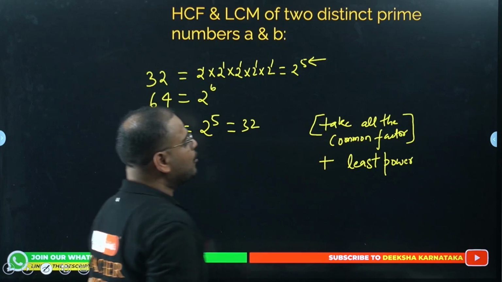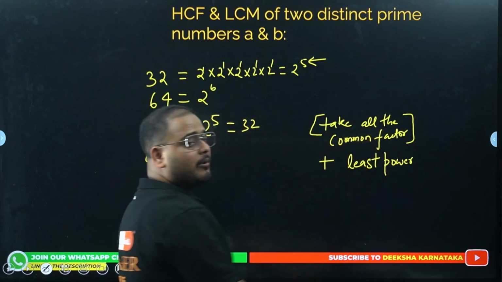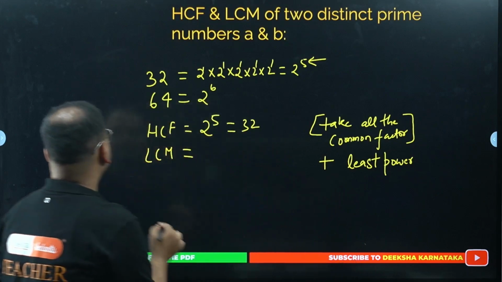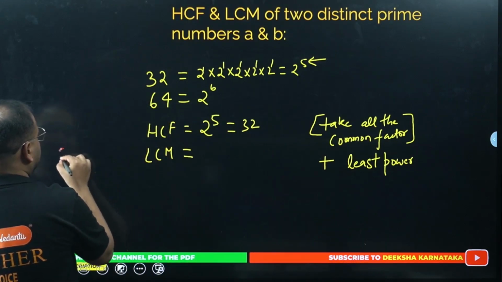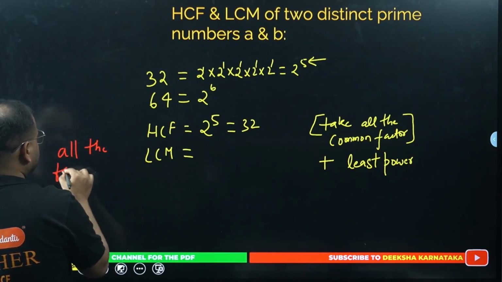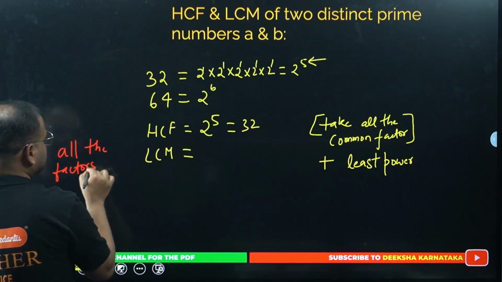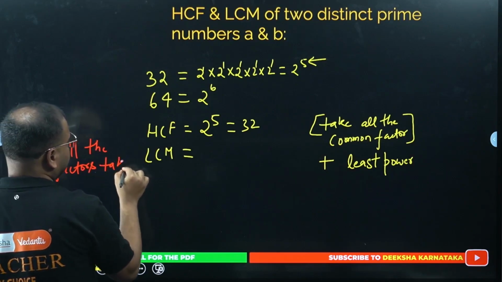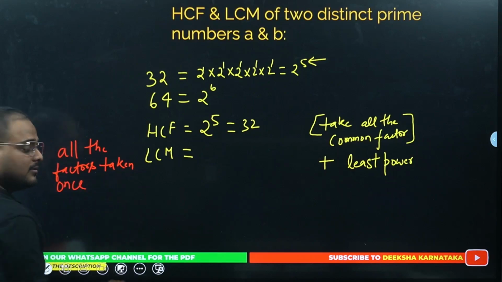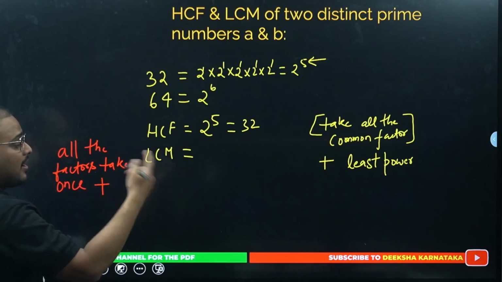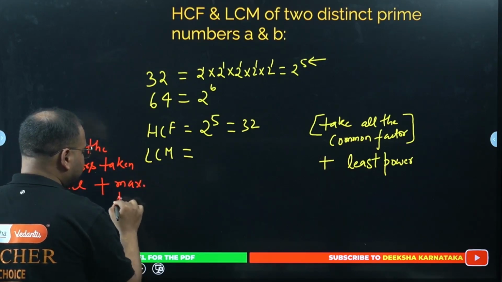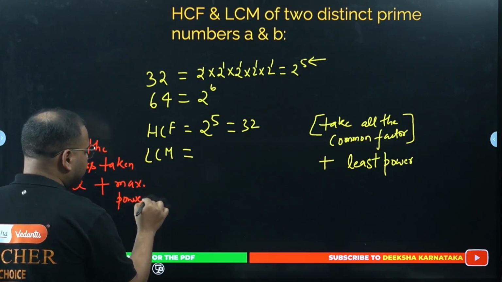So for LCM, we'll take not only common factors, we'll take all the factors. For LCM, I'll write here: all the factors taken once plus highest power or maximum power.